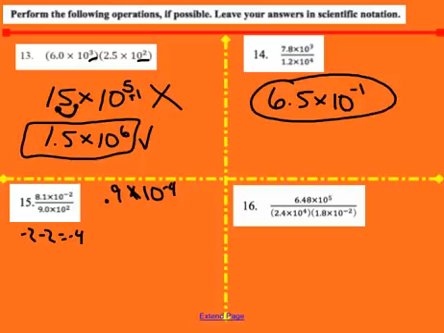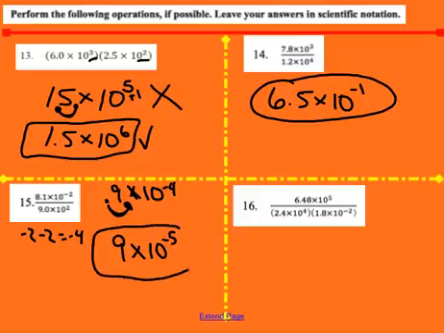Now what we have to do is move this back so that our coefficient is a positive 9. It'd be 9.0, but you don't have to write that if you don't want to. However, if this number needed to get bigger, that means we are taking a decimal place away, which means it's going to drop even smaller. So somehow you have to remember those rules of thumb.